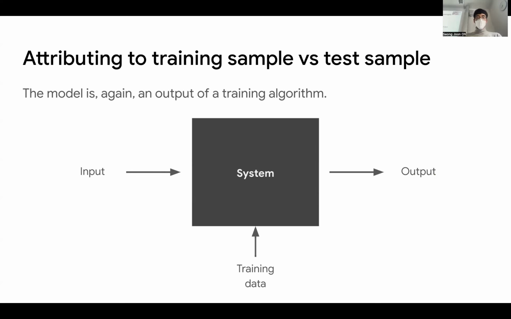But actually, your model itself is an output of your training data, right? Because given training data, you have a training algorithm, and the output of this training algorithm is a trained model, okay? And eventually, that trained model takes test input as an input and then gives you test output.